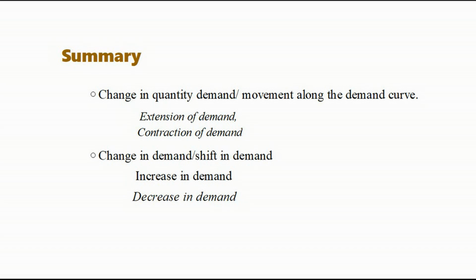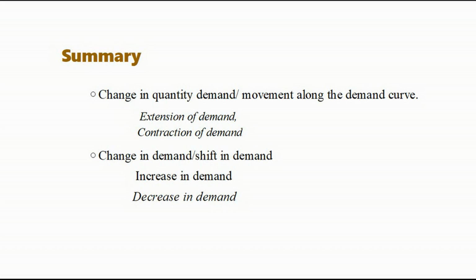In the other case, when there is a shift in the demand curve, it is mainly because of a change in factors other than price. Factors other than price refer to changes in the income of consumers, taste and preference of consumers, price of other related goods, and the like. All these factors may lead to a shift of the demand curve entirely from its original place.